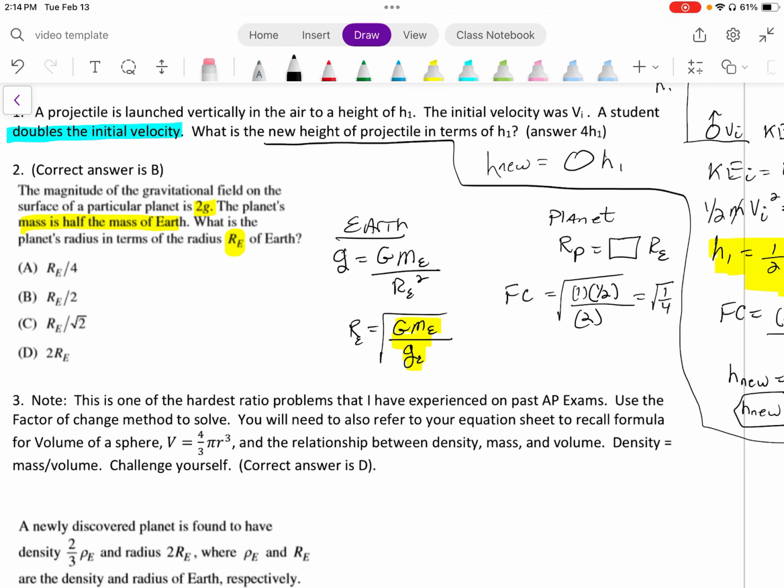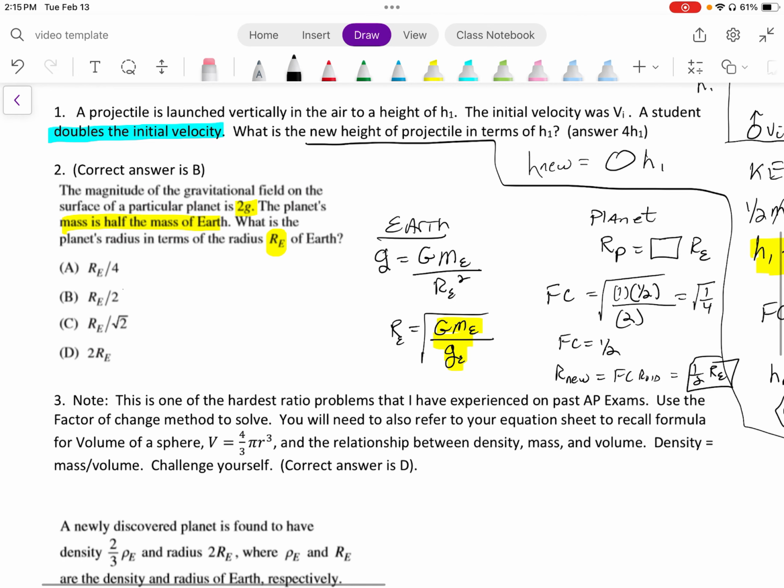Square root of 1 is 1, and the square root of 4 is 2, so the factor of change is 1/2. So the radius new is equal to the factor of change times the radius old, which is the radius of the Earth, and the factor is 1/2 times the radius of Earth. And so the answer is B.